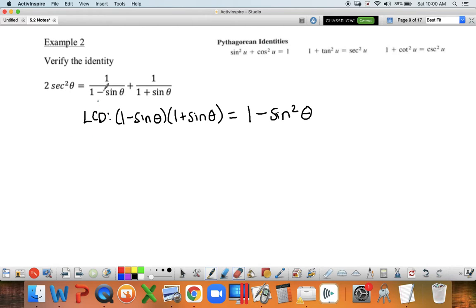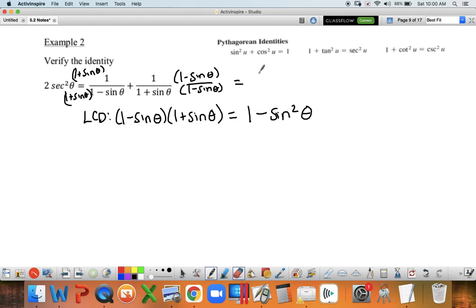So my first fraction, that's missing the 1 plus sine theta. So I'm going to multiply both my numerator and my denominator by 1 plus sine theta. The other fraction is missing 1 minus sine theta. So I'm going to multiply by 1 minus sine theta over 1 minus sine theta.